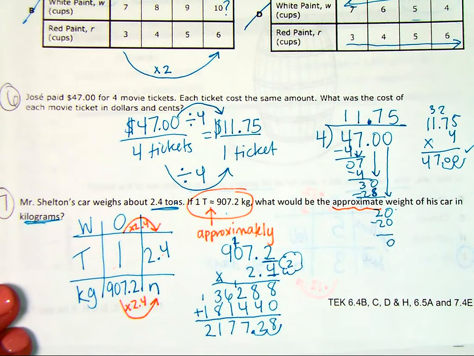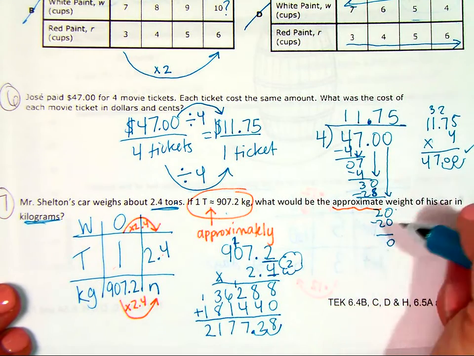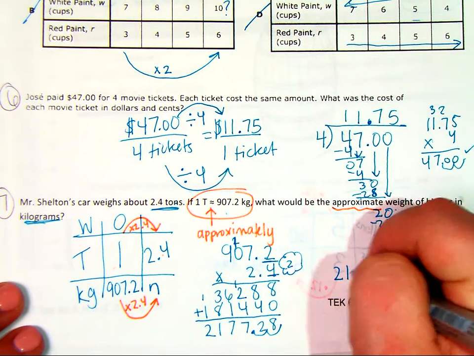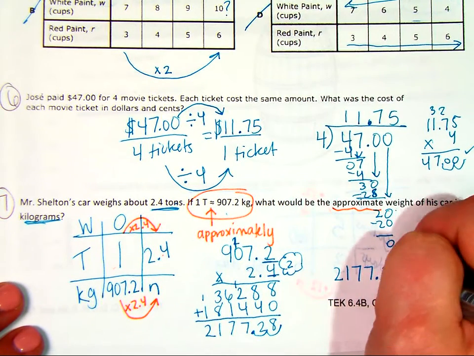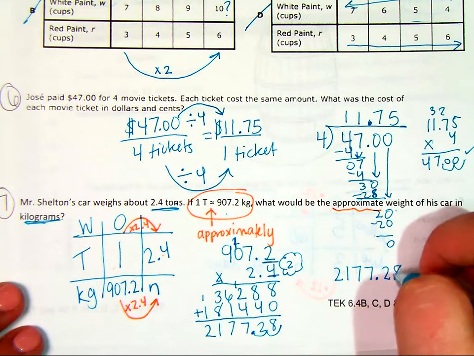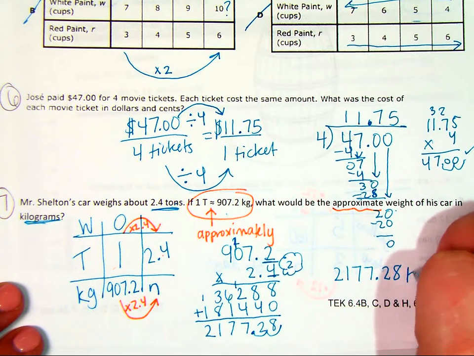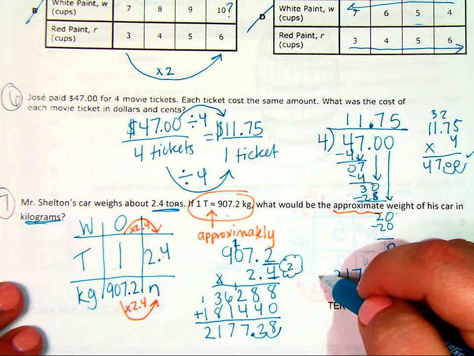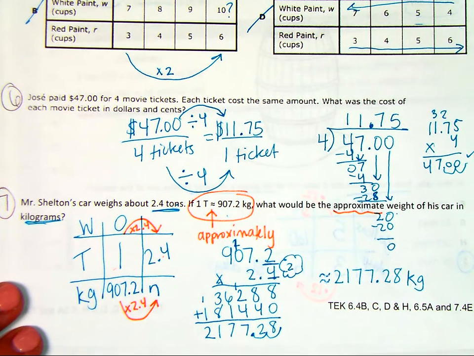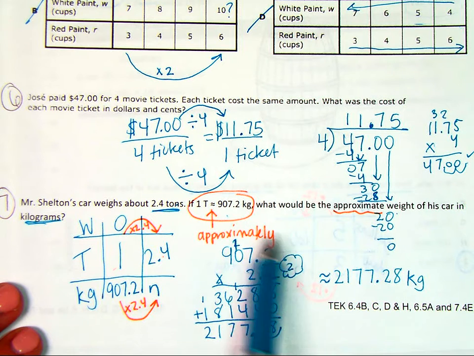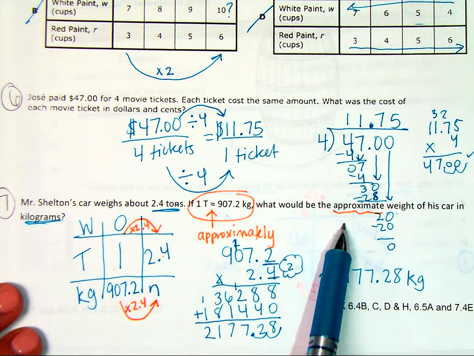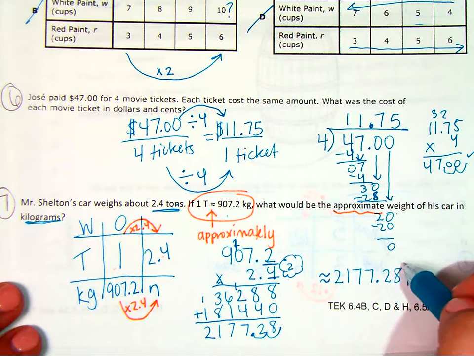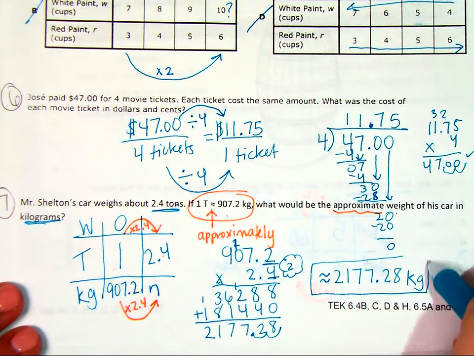That means the answer is 2,177.28 kilograms. But the best answer even would be putting this approximate sign in front of it, because we know that it wasn't exact to begin with. So our answer is an approximate weight. Notice I didn't do any rounding.